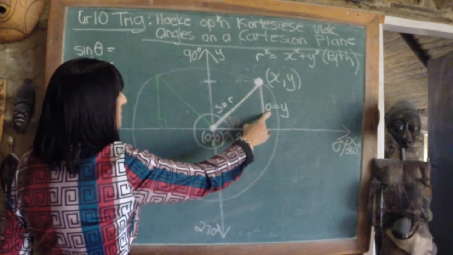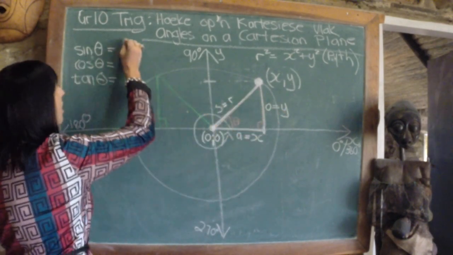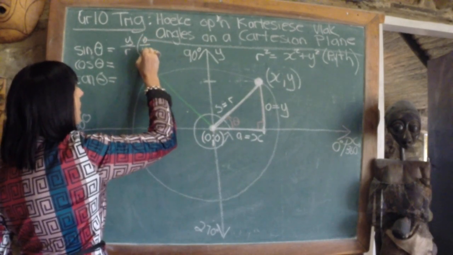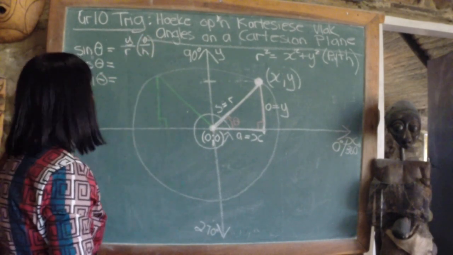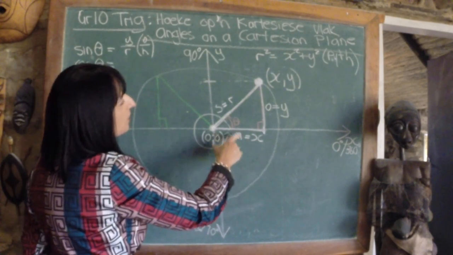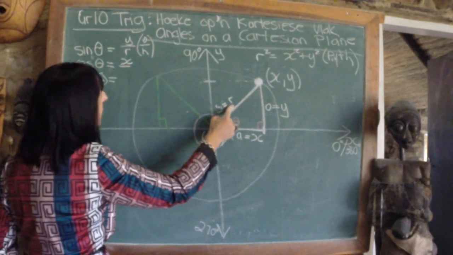So it's not opposite on the hypotenuse anymore, it's now y on r, but it's exactly the same thing. Opposite on hypotenuse is exactly the same thing. So kom ons gaan kyk na cos, dis nie meer a op s nie, dis nou x op r.